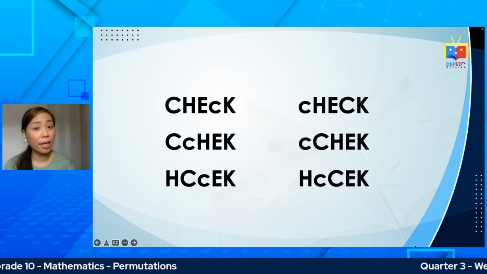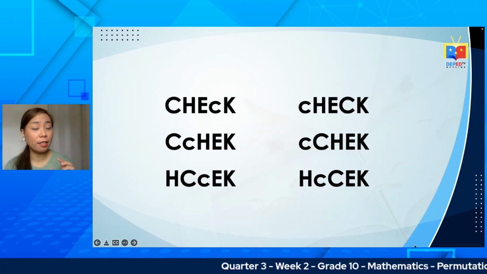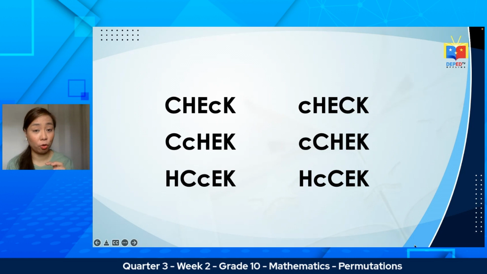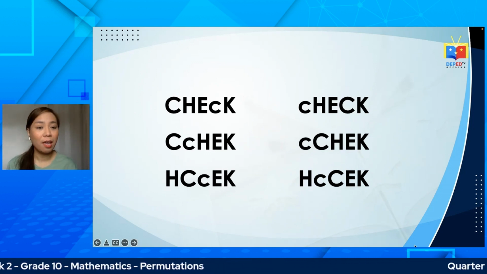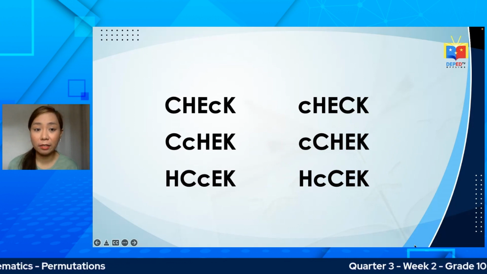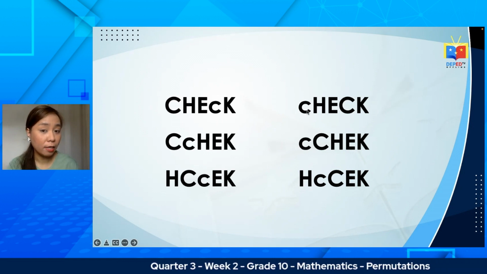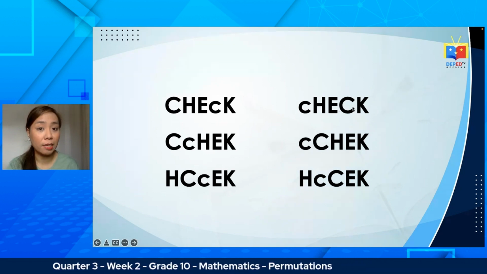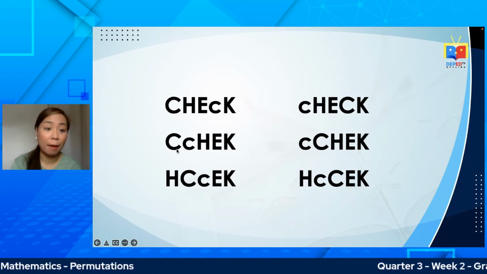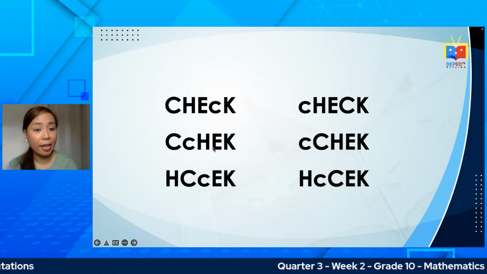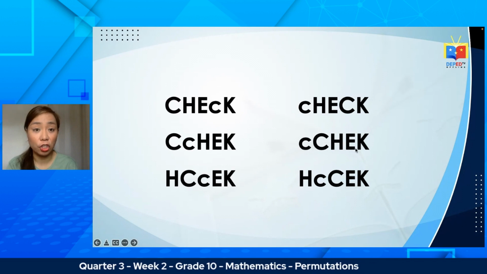However, we have to take into consideration the 2 C's. In order for us to differentiate, I use a capital C and a small c. So for the first arrangement, we have capital C, H-E, small c, then capital K. Or it could be the small c, then H-E, capital C, and K. Also, we can have this arrangement capital C, small c, H-E-K, or small c, capital C, H-E-K.